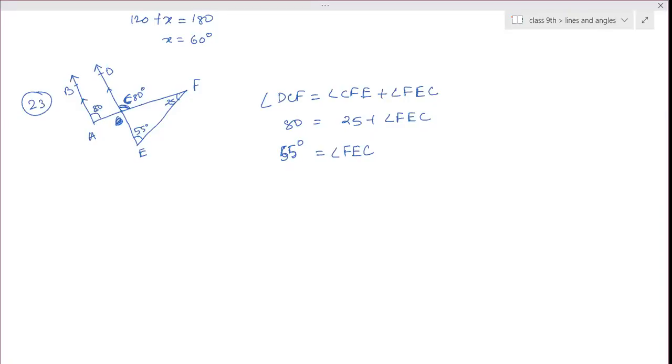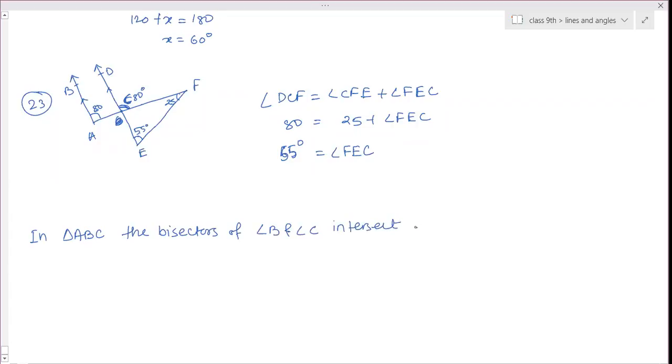In triangle ABC, write down the question. In triangle ABC, the bisectors of angle B and angle C intersect each other at point O.